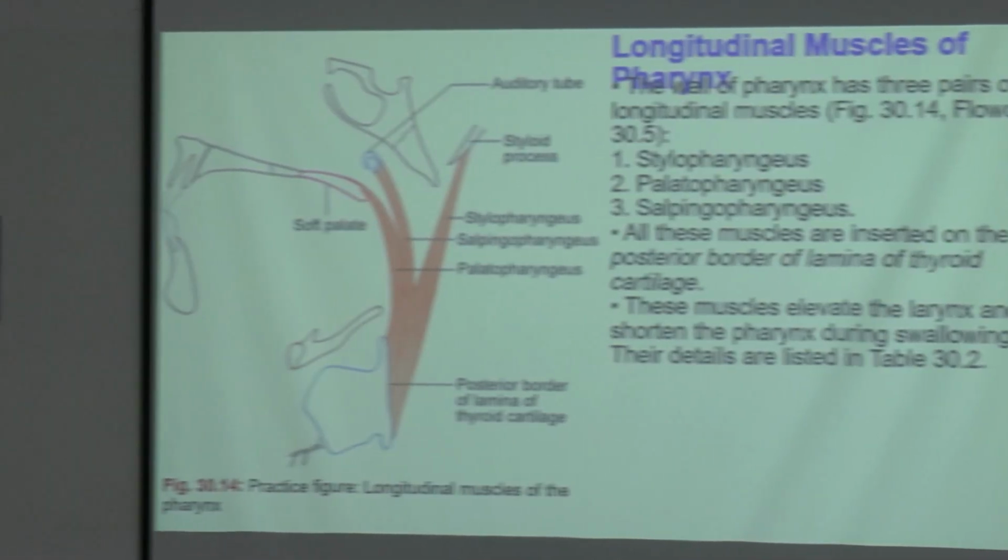All the muscles of the pharynx, the motor supply is by the cranial accessory, because they develop from the myotome of the 6th branchial arch.